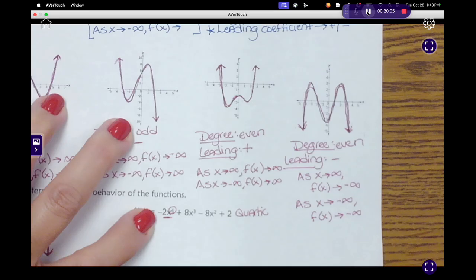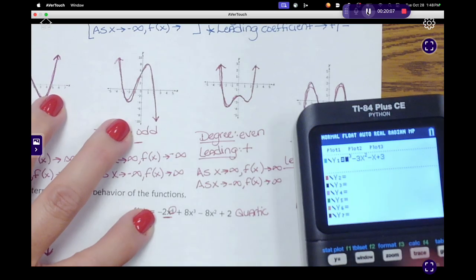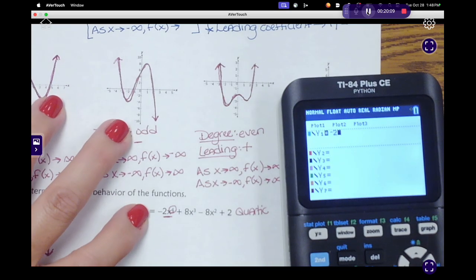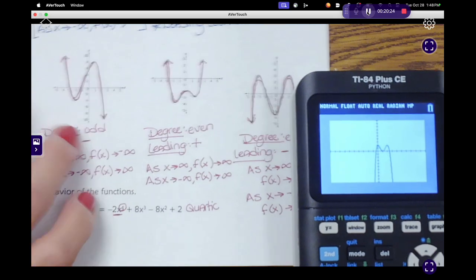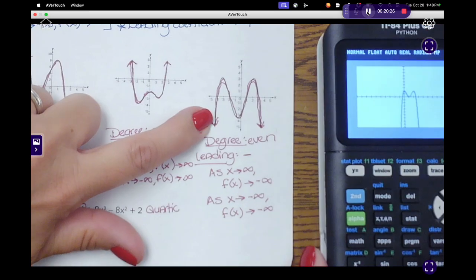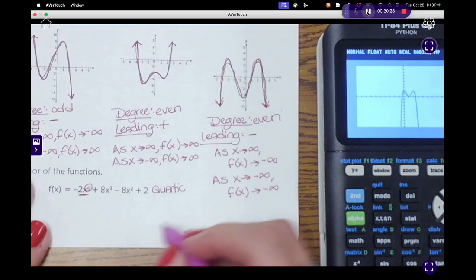We can also graph it in our calculator. So I can do negative 2x to the 4th plus 8x to the 3rd minus 8x squared plus 2. And you see how it looks very similar to what we did up here. So we can just sketch that graph.